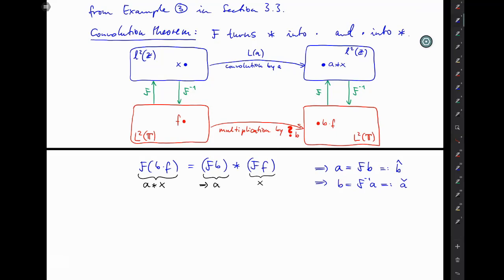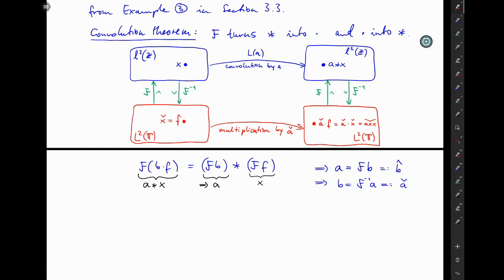So with this notation we can replace b by a upside down hat here and here, and then here for f we can write x upside down hat, and then this here is a upside down hat times x upside down hat, which is just a star x convolution and then upside down hat. So as a rule, for the Fourier transform going up you're using the hat, and for the inverse Fourier transform you're using the upside down hat. So just like the direction in which the arrow points, you're placing your little hat.